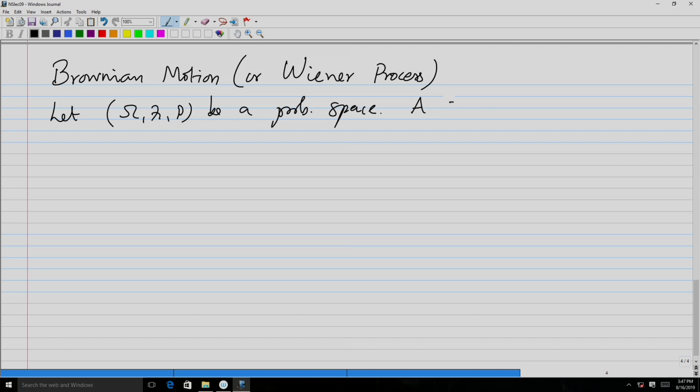Now, a stochastic process, which we call Wt here, with values in R, which means the state space is R, is a Brownian motion, in short BM, if it satisfies these 4 conditions that we are going to list.